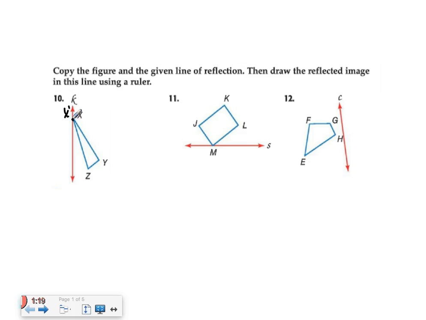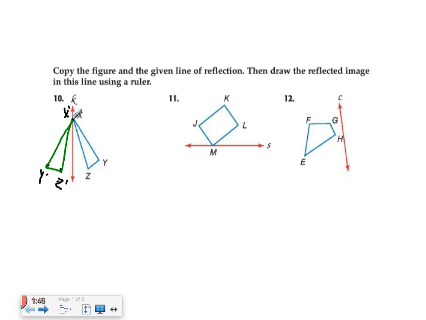Z looks like it's somewhere about right-ish here, give or take. There's my Z prime. And then my Y is somewhere like this, Y prime. And now I'm just simply going to trace it out. Yeah, you're right, it doesn't look exactly like theirs, the pre-image, but it does the job.